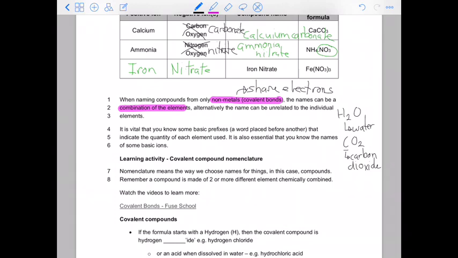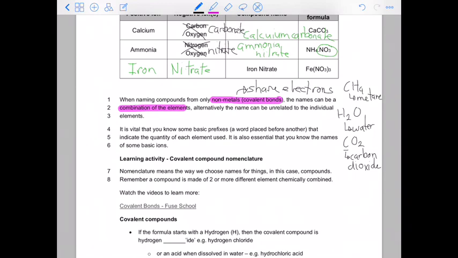So this is the difference between using the elements of the compounds or just having an individual name. Another very common name is CH4, which is methane. It's another very common compound that has a name other than something to do with the elements.